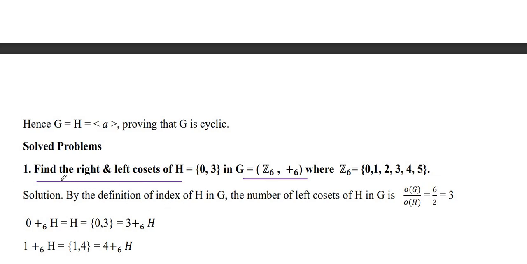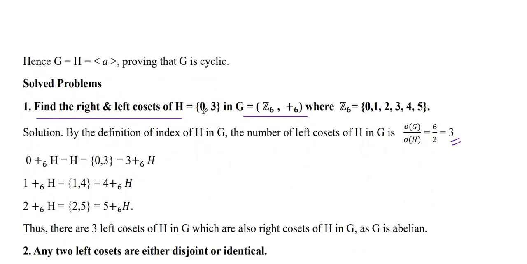They have not actually asked for the number of right cosets or left cosets. But we have said already that whenever G is finite, the number of left cosets, the index, can be easily determined by this formula. So the order of G is 6 and this is of order 2. So we must have 3 distinct right cosets. Now we will enumerate what they are.